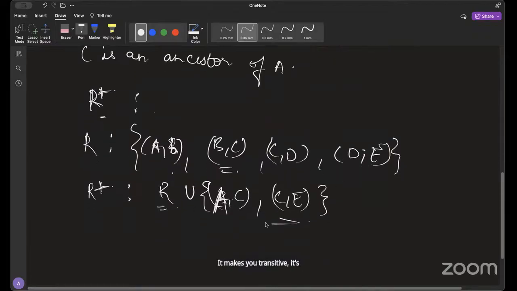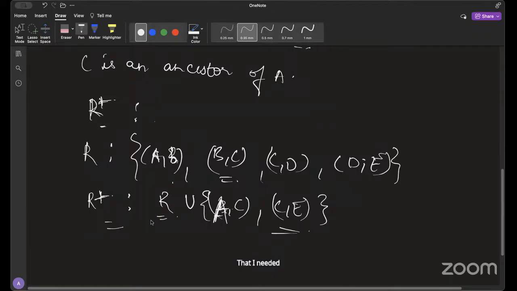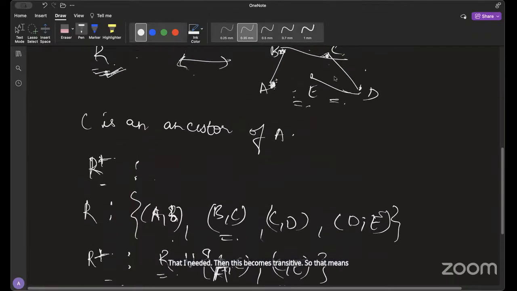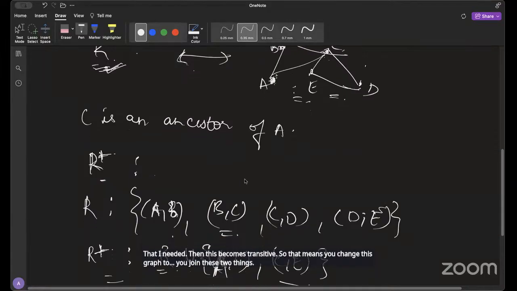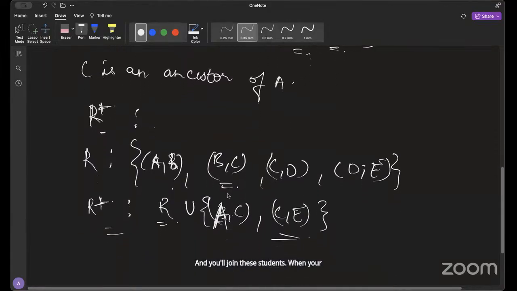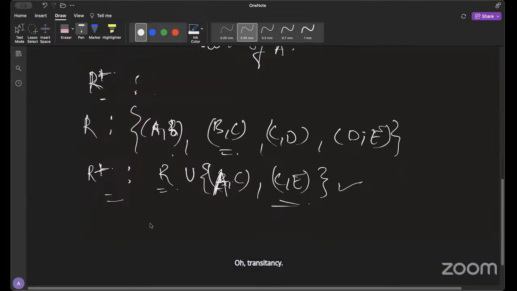AC and CE are needed. Then this becomes transitive. So you change this graph: you join these two things, and you join these two things. Then your graph becomes transitive of what you already have. This is your transitive thing, which is one topic.